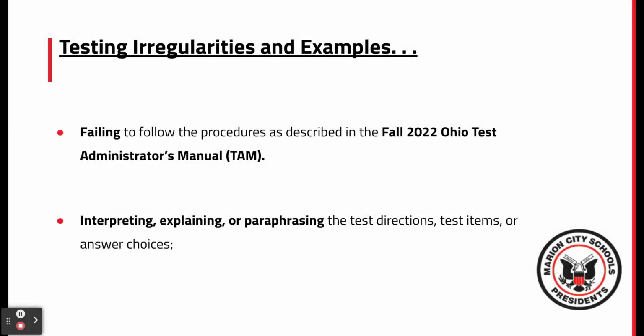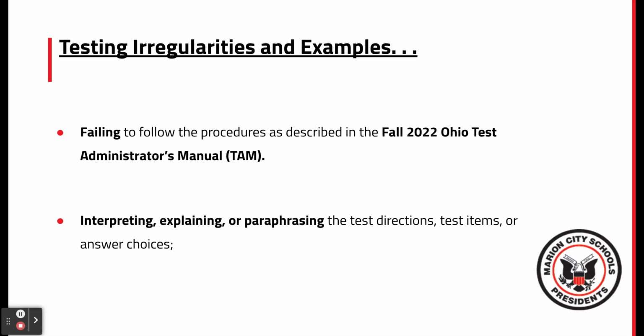Testing irregularities and examples. Some examples of irregularities include failing to follow procedures as described in the fall 2022 Ohio Test Administration Manual. So basically, anything in the TAM is what we are accountable for as individual educators and a district. So you need to review that document and make sure you are following the guidelines for reporting irregularities for incidents.